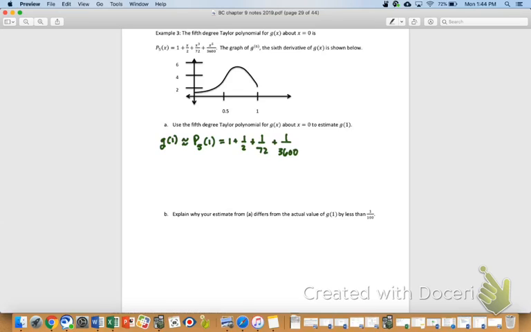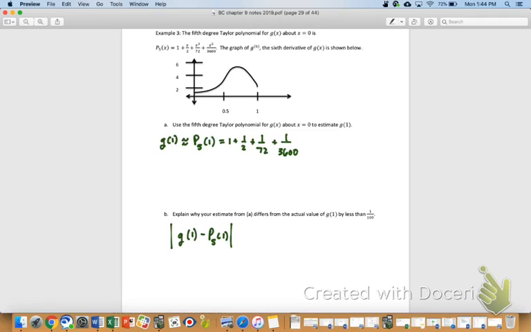Now, we know the centering point is 0, and we're trying to find an approximation for g of 1, so we're off the centering point. There's an error, and so I'm going to say something like this: absolute value of g of 1 minus p of 1.